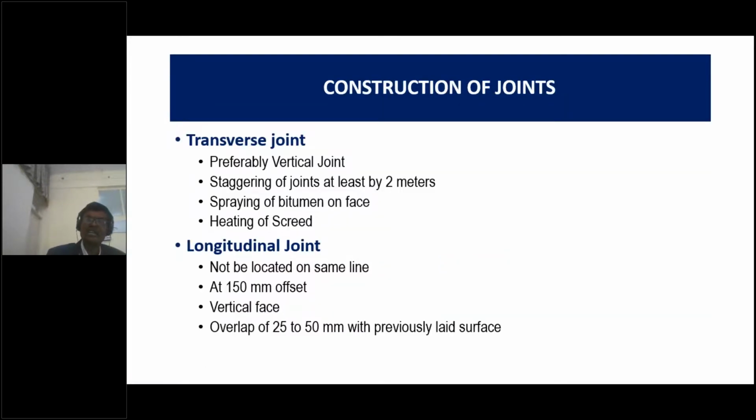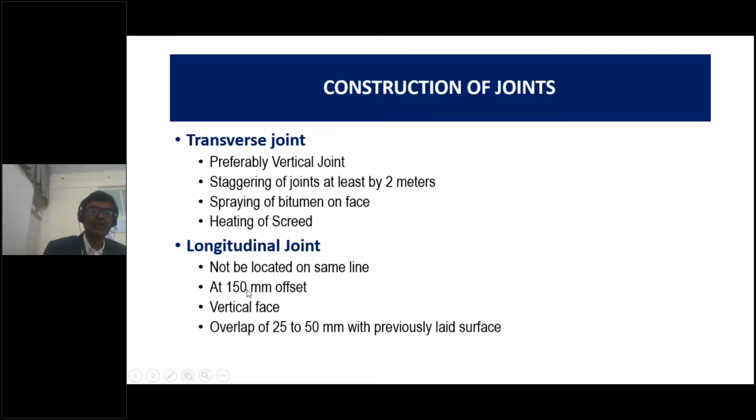So the construction of joints is also very important when it comes to the sequence. Staggering of joints, the transverse joint, top layer and bottom layer. Say I have constructed DBM as the bottom layer, and BC as the top layer. I should know where the DBM transverse joint is. I have to stagger the BC layer joint by at least 2 meters. And an offset of 150 mm should be given for any longitudinal joint.